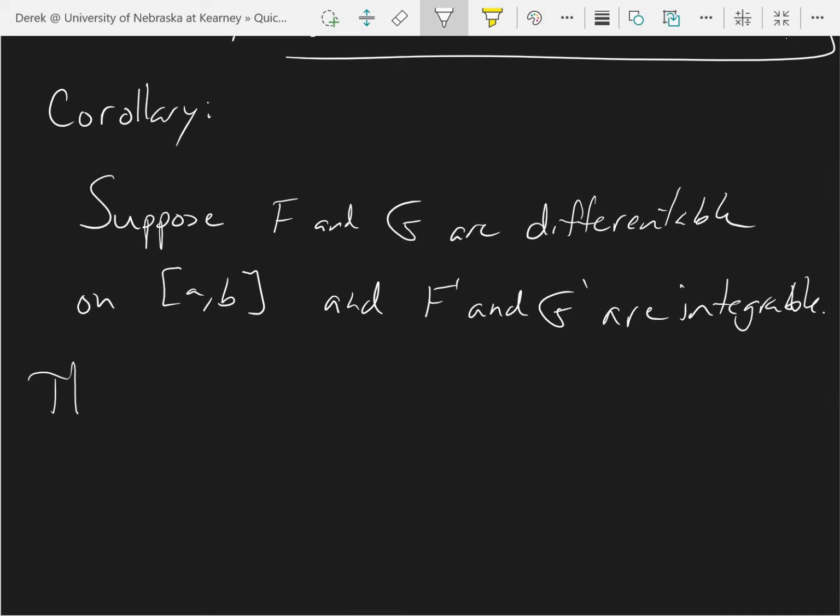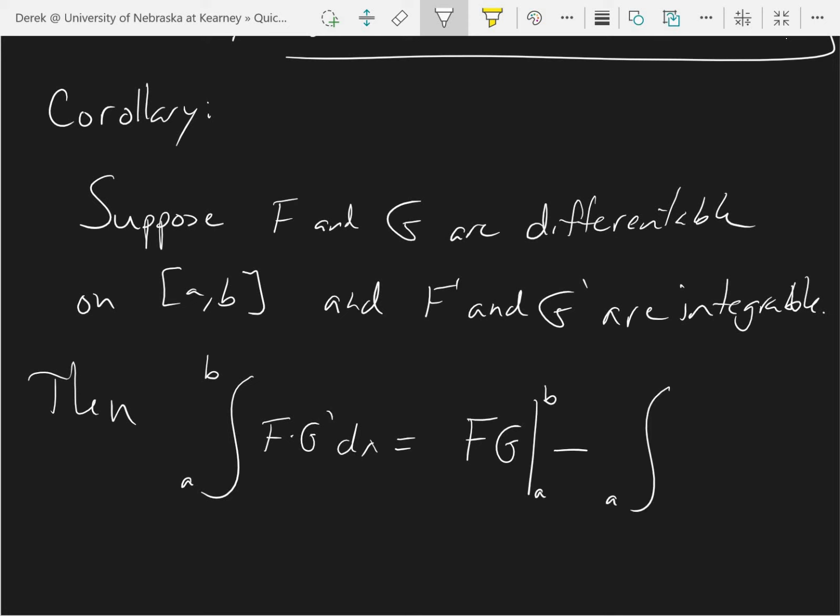Okay, then the integral of capital F times G prime dx from a to b is going to be equal to F times G evaluated at a and b minus the integral from a to b F prime times G dx.